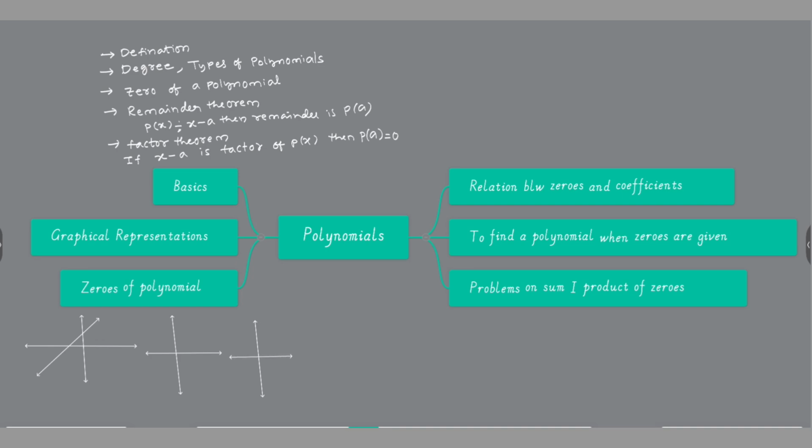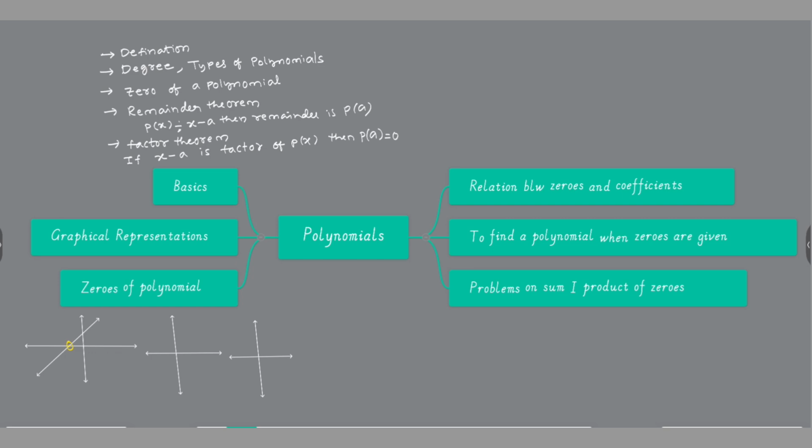So here in the first case, because it is a straight line, we can say that it is a linear polynomial. And sometimes they ask you to identify the number of zeros. How do we identify the number of zeros? How many places that curve or line intersects the x-axis? Based on that we decide.